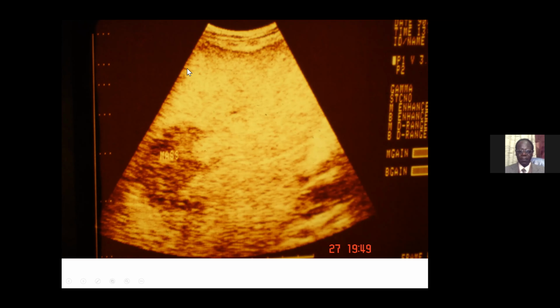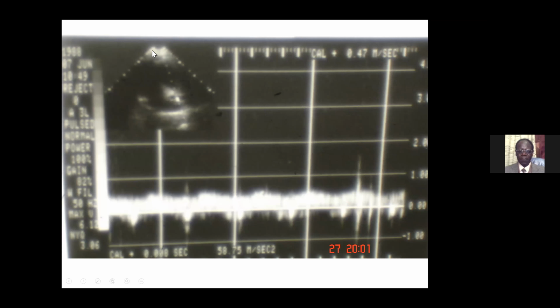Okay, this is an ultrasound, but we are showing duplex, two modes, the B mode and the Doppler mode.